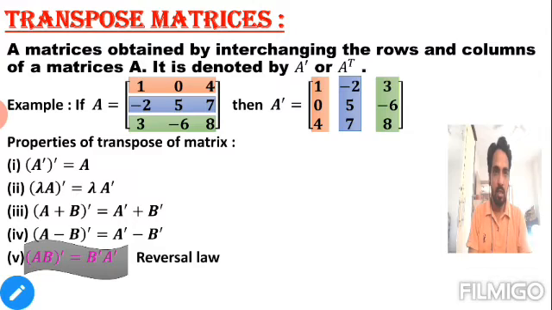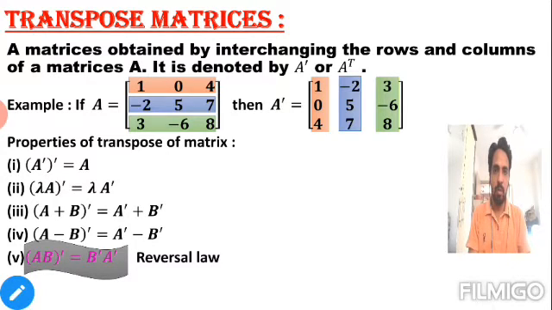The row 1, that is 1 0 4, I have made a column for the transpose, -2 5 7 as the second row becomes the second column, and this way. Means the only thing we have to do is change the position, make horizontal into vertical. That is the meaning of transpose.